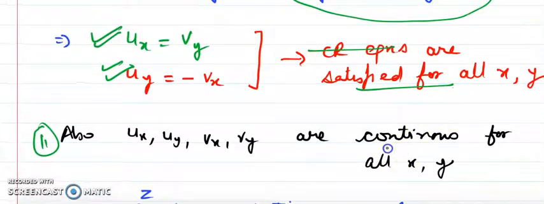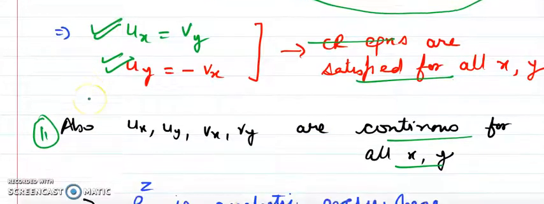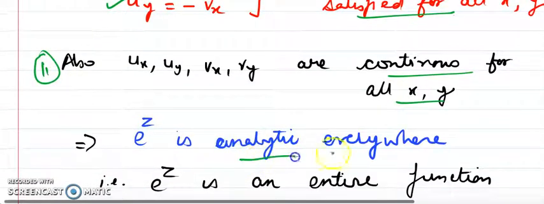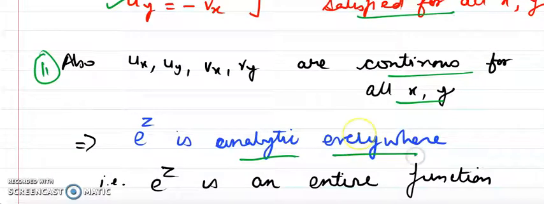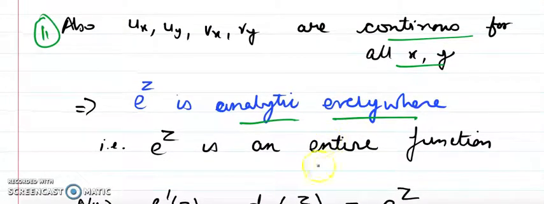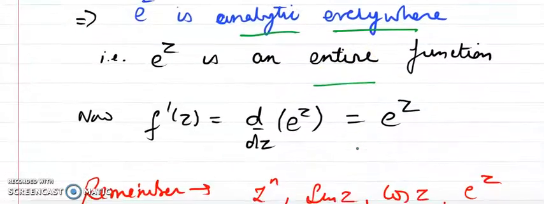So they are continuous for all x and y. So the two sufficient conditions are done. We are in a position to say that they are analytic everywhere. So when they are analytic, it means it is an entire function. And remember, for a function which is analytic everywhere, you can find its derivative by usual differentiation.